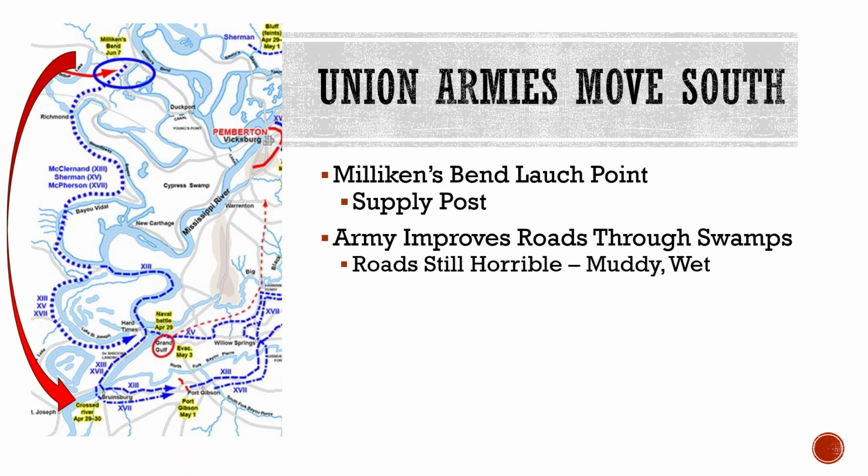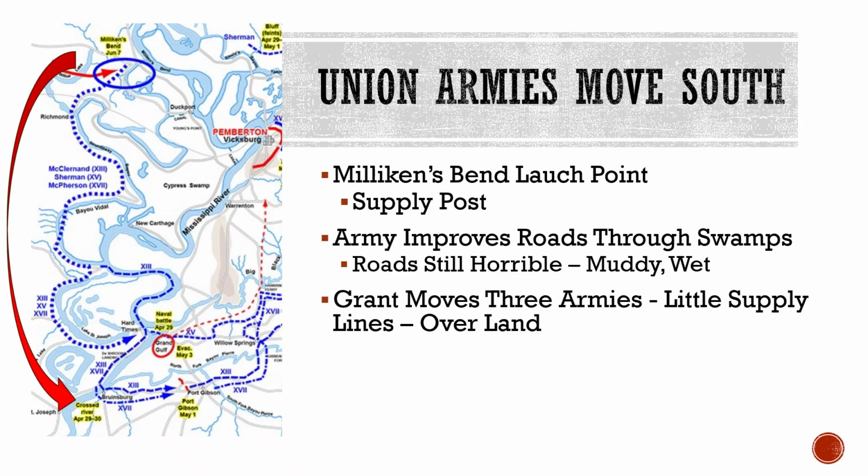The roads, even though they had been improved, were still horrible, very muddy, very wet, wagons getting stuck, mud up over the boots of the soldiers. Grant moves three armies with very little supply lines over land.